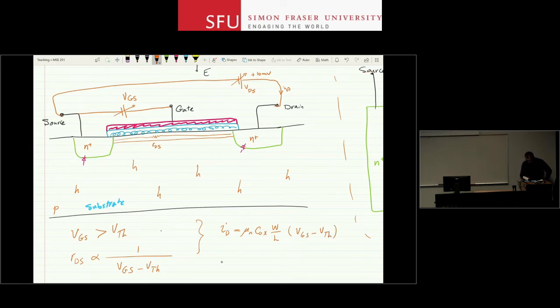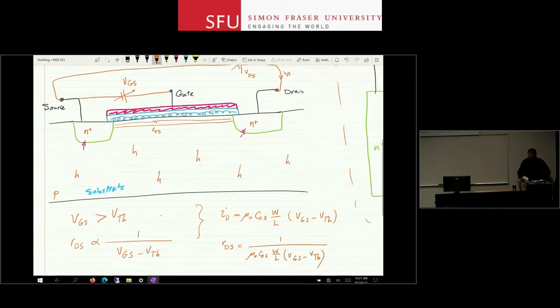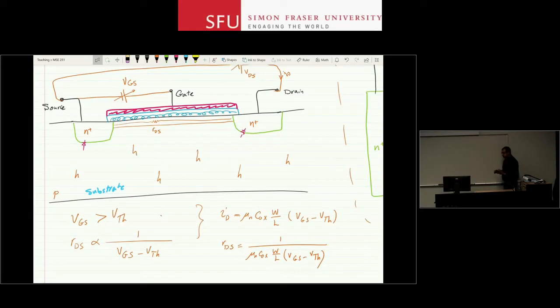Or, if you're interested in it, the value of the resistor is given by this value. Okay, so the VGS minus VTH part I hope is clear, why we have that part.